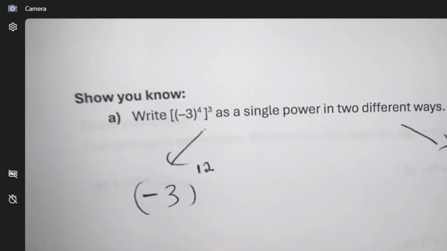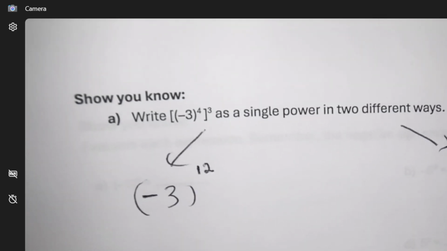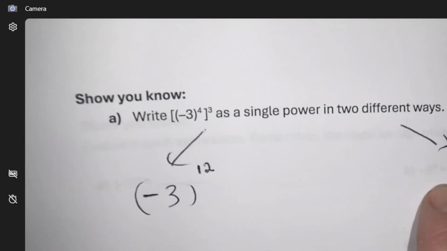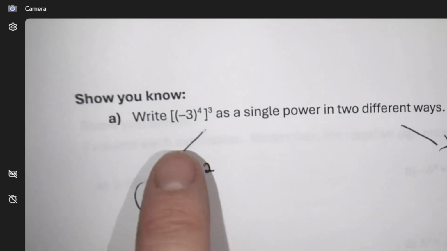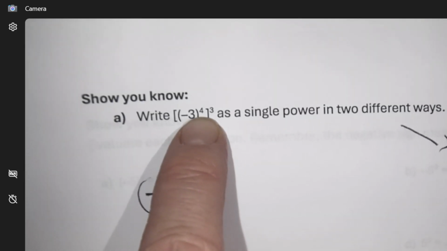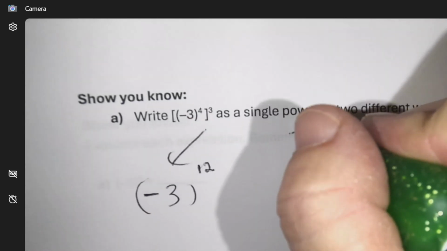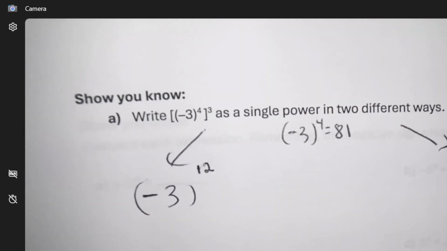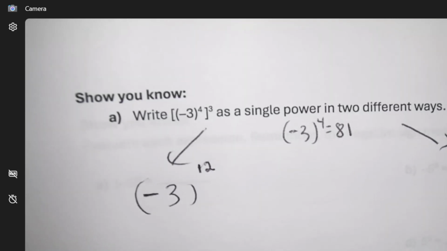If there's an exponent to another exponent, we have to multiply. Okay, what's another way I could write this? I could figure this out first: what is -3 to the 4th? 81.